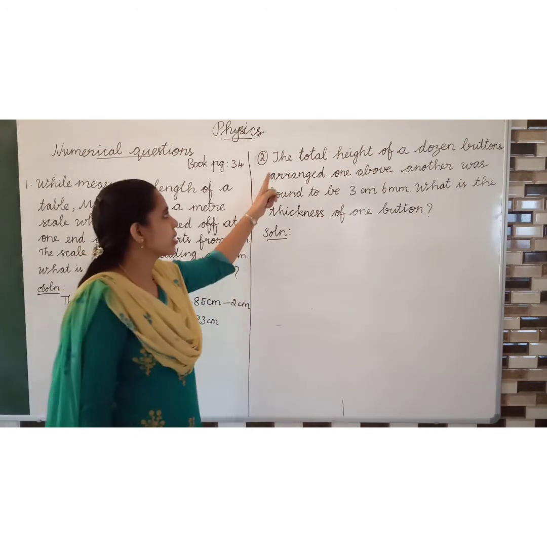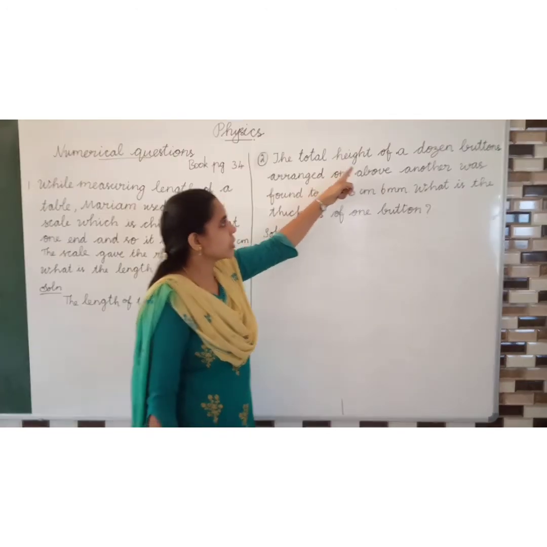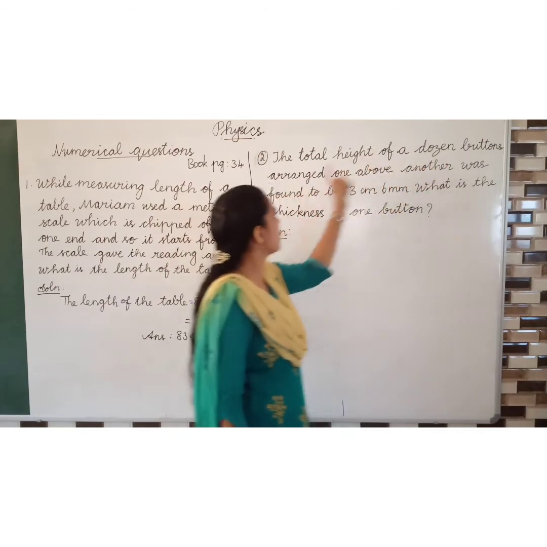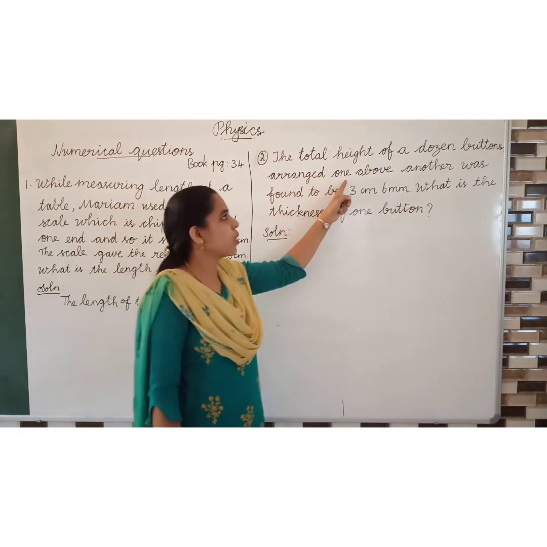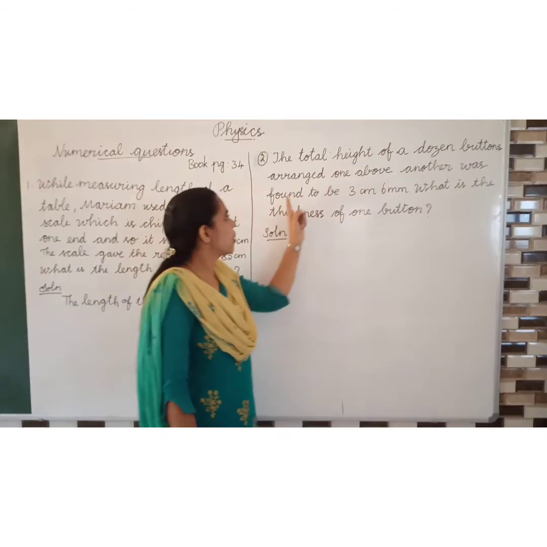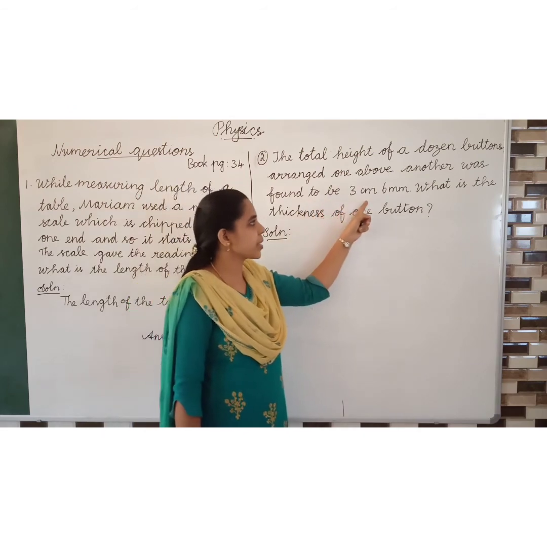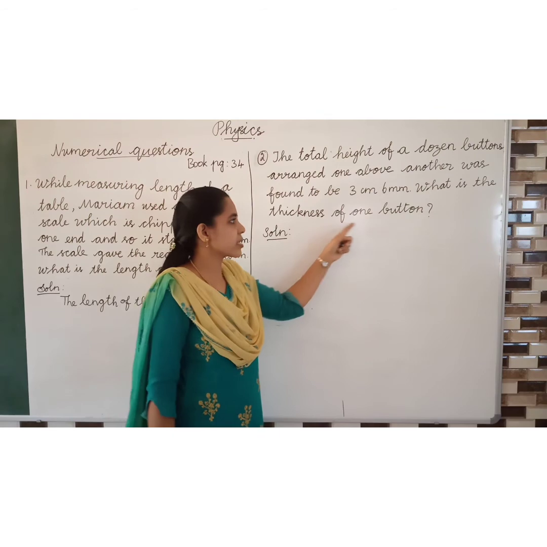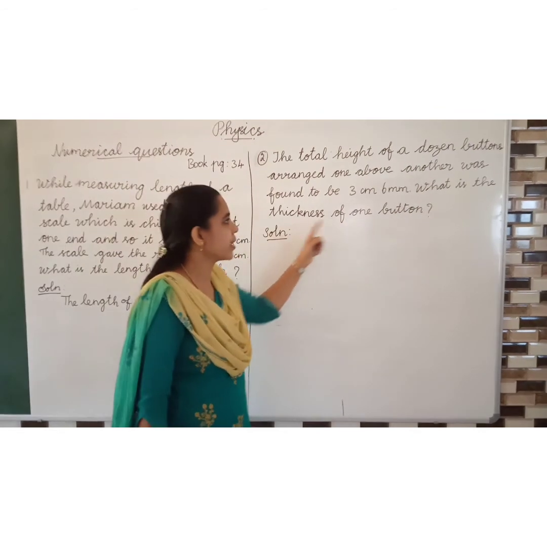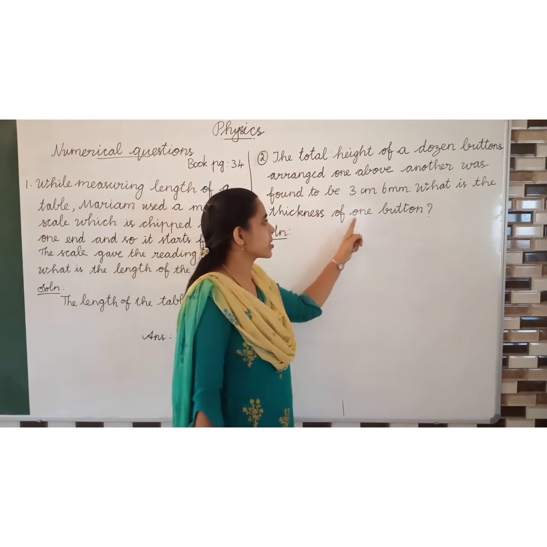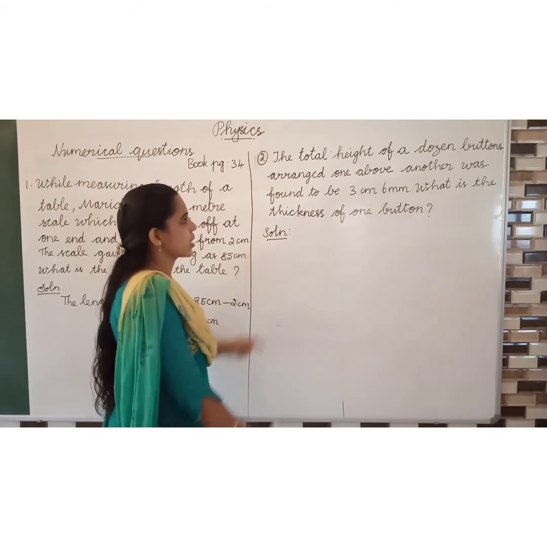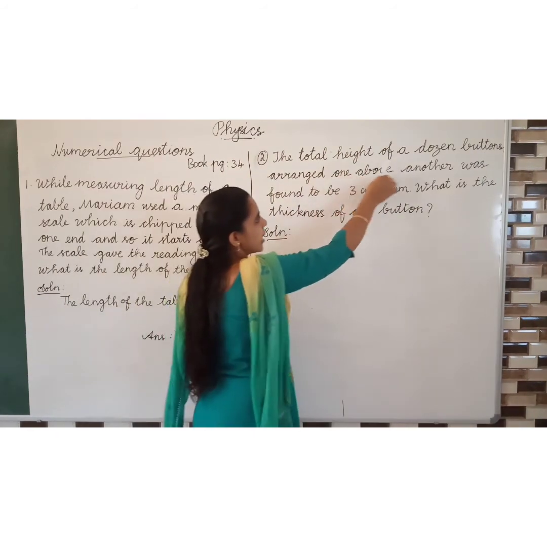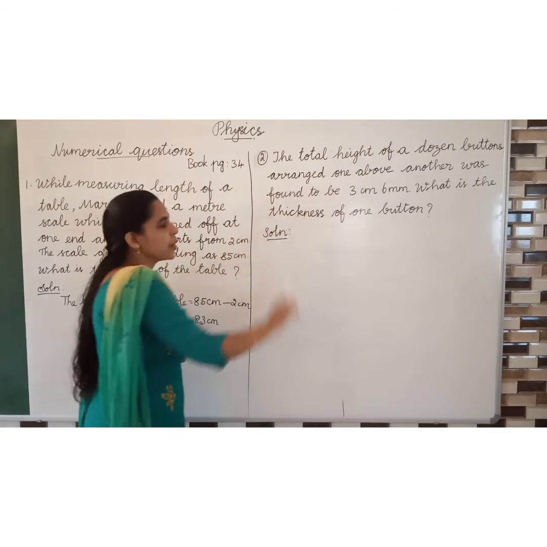Okay children, this is the next question. The total height of a dozen buttons arranged one above another was found to be 3 centimeter 6 millimeter. What is the thickness of one button? We have to find the thickness of one button. Solution: here is the total height of a dozen buttons.